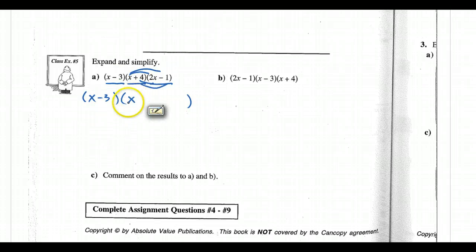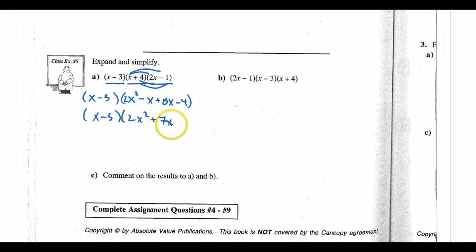So here we go, 2x squared minus x plus 8x minus 4, and x minus 3, 2x squared plus 7x minus 4.